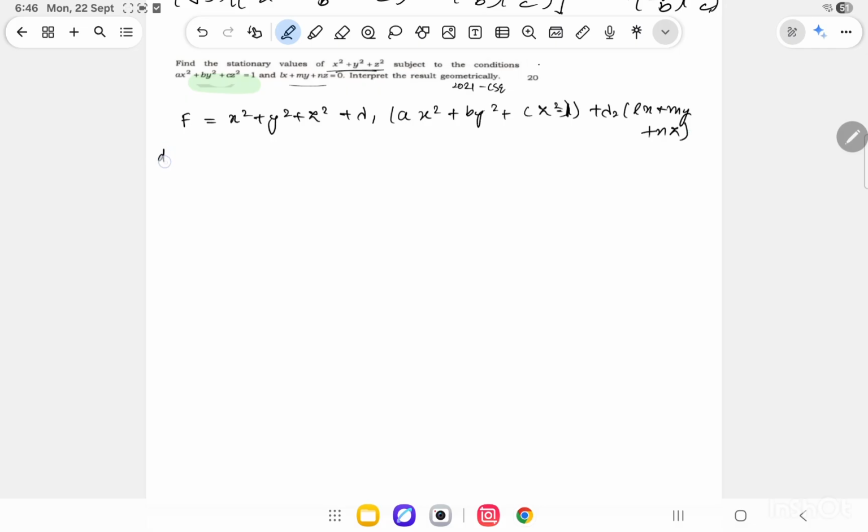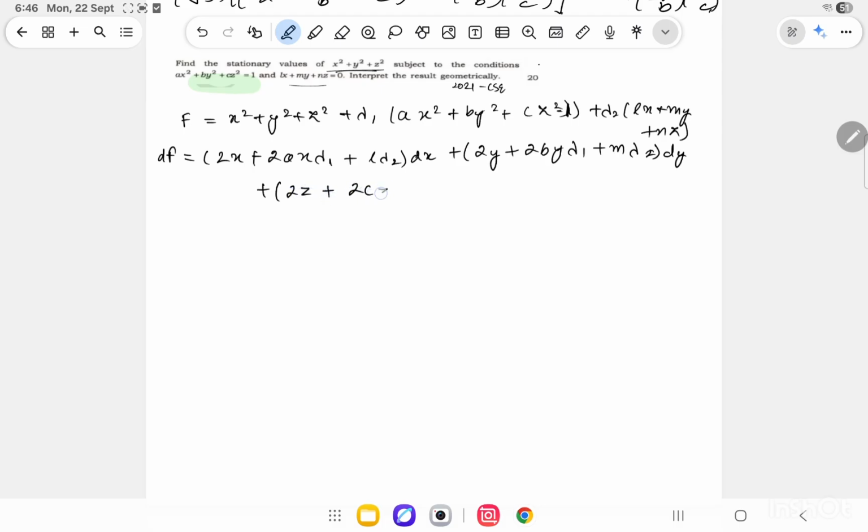If we take its total derivative, we'll get (2x plus 2ax lambda 1 plus l lambda 2) into dx plus (2y plus 2by lambda 1 plus m lambda 2) into dy plus (2z plus 2cz lambda 1 plus n lambda 2) into dz.